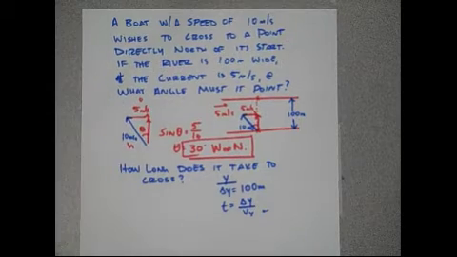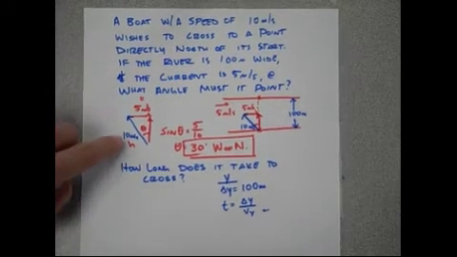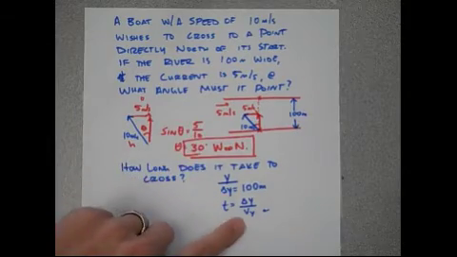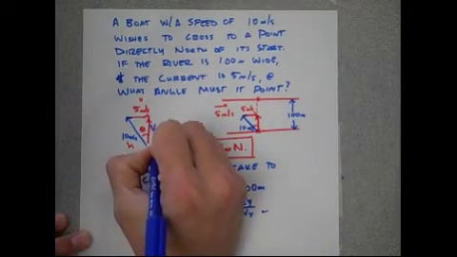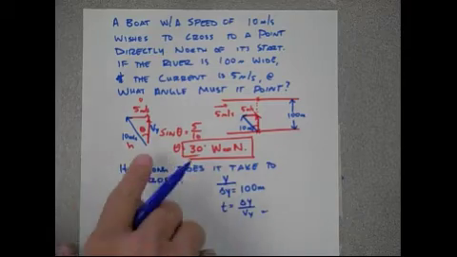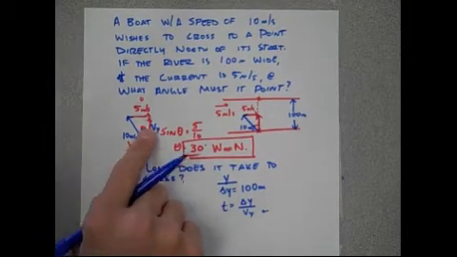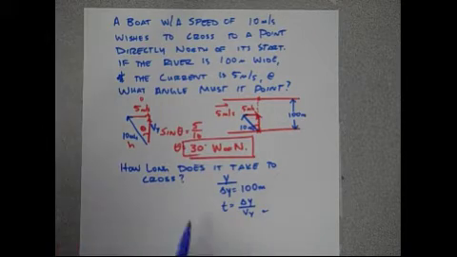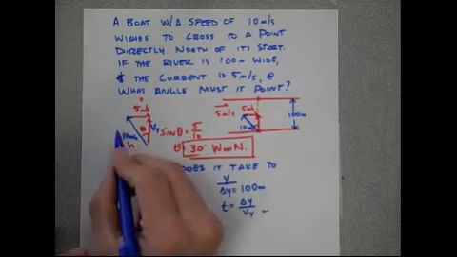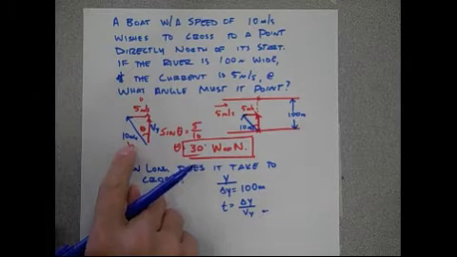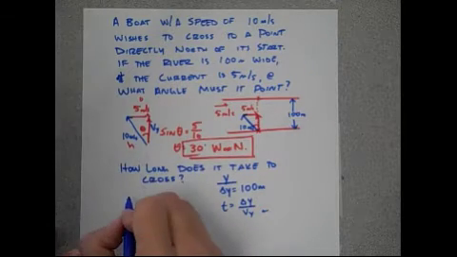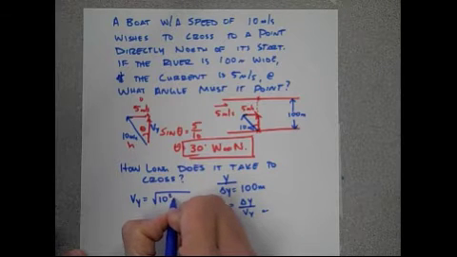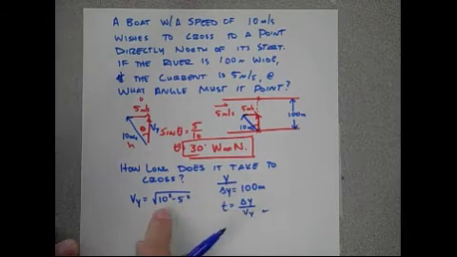This 10 meters per second is not in the y direction. It's 10 meters per second directed at 30 degrees west of north. Our velocity in the y is right here. It's the resultant velocity that we had from doing all that, and it's pointing straight north. That's the one we're after. So we need to find that velocity in the y. So looking at our triangle, if our hypotenuse is 10 and our opposite side is 5, then the velocity in the y is going to be the square root of 10 squared minus 5 squared, because that's the hypotenuse.